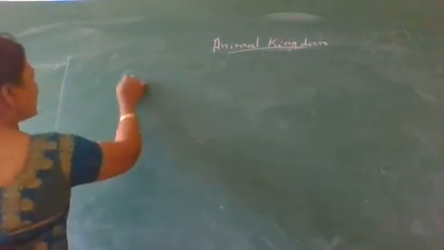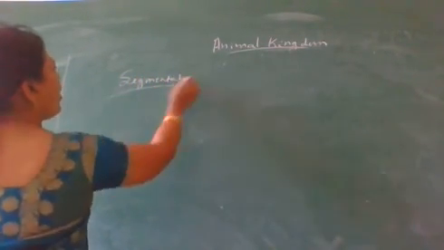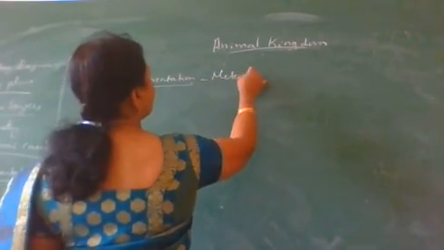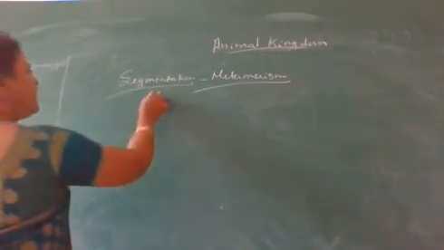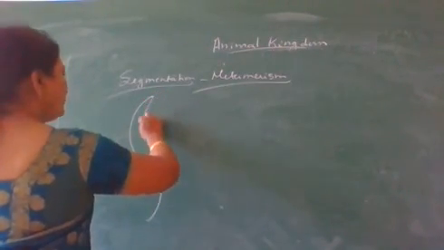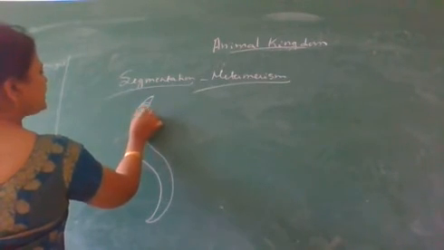Then, after coelomic cavity, the next criterion is segmentation, or metamerism. Based on segmentation, the body of the animal is divided into a number of repeated segments.